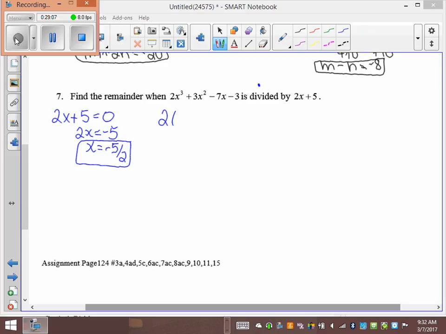So you're going to go 2 times negative 5 over 2 cubed plus 3 times negative 5 over 2 squared minus 7 times negative 5 over 2 minus 3. So we get 2, and when you cube or square a fraction, you do it to the top and to the bottom, right? So negative 5 cubed is negative 125. 2 cubed is 8.